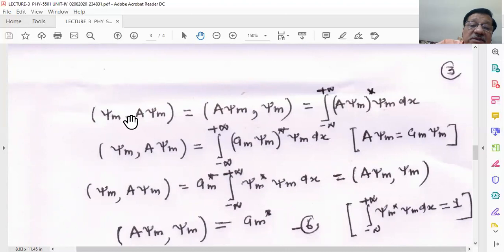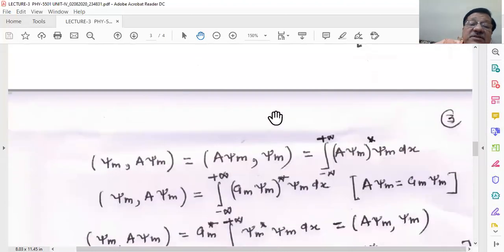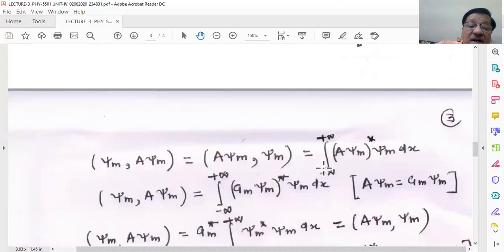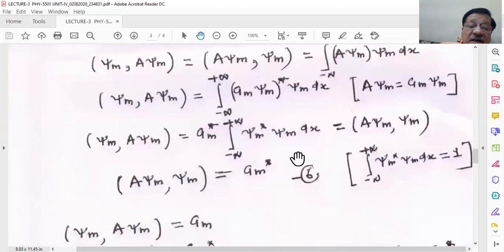And you know, psi m with A psi m we have already calculated in the previous equation. Look at this, which we have calculated: it is a m, and now we have calculated A psi m with psi m equal to a m star.